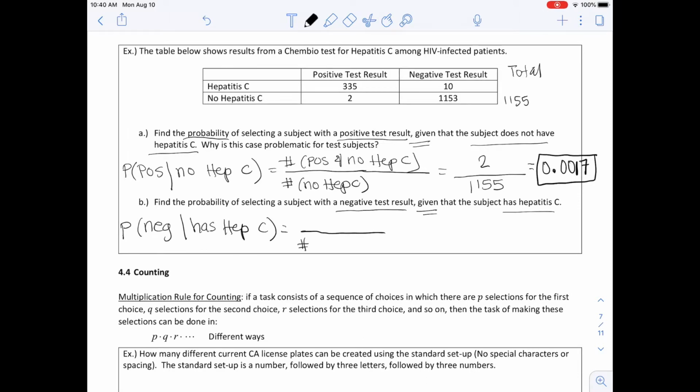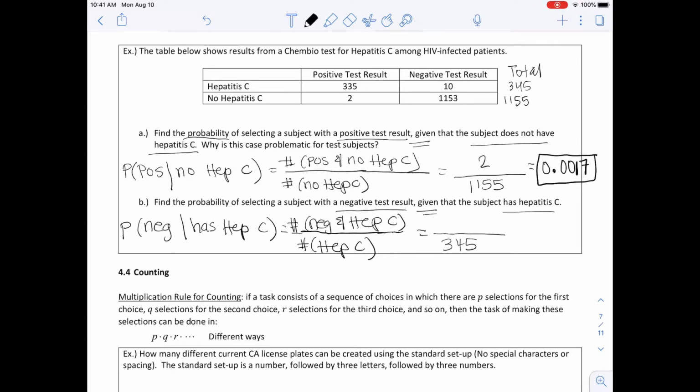Again, using the formula, we write down the number of people that have Hep C in the denominator, and in the numerator, the number of people that have a negative test and have Hep C. Looking at the values in our table, the number of people that have Hep C, we get by adding 335 plus 10, which is 345.